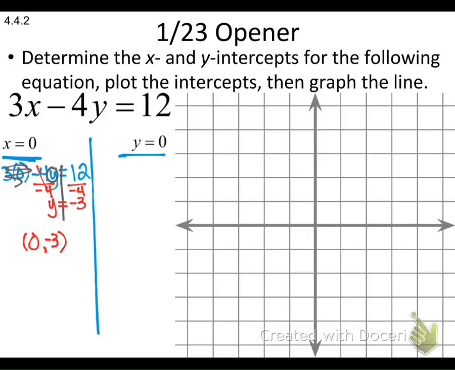So now we solve again, but this time we're going to determine what the x-intercept is going to be. So I'm going to use the exact same equation, but this time I'm going to substitute using which variable? Y. So I rewrite my equation, so I'm going to write 3x minus 4, and what do I substitute for that y? So 4 times 0 equals 12.